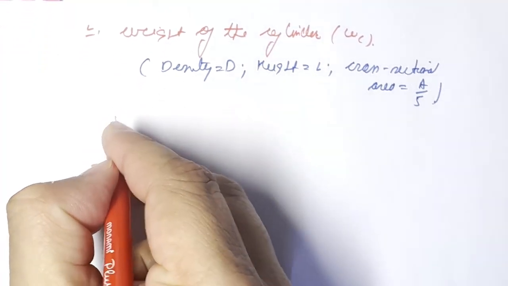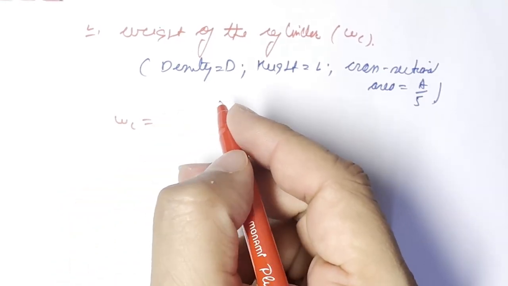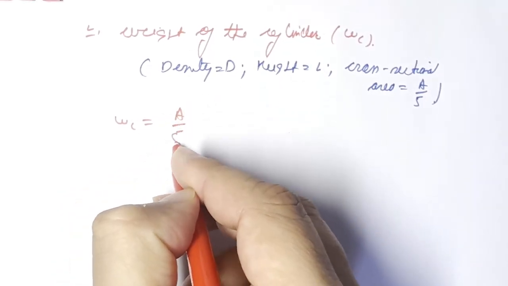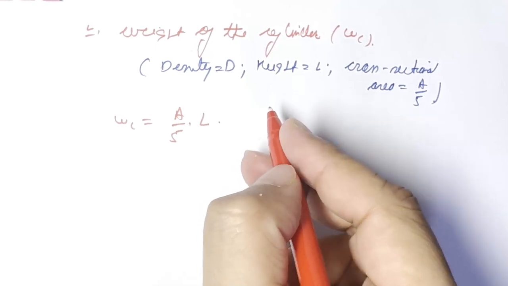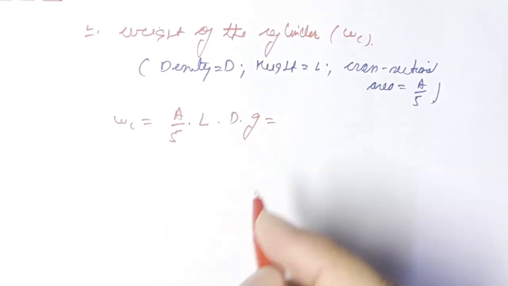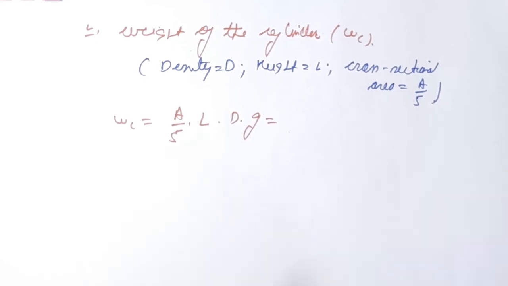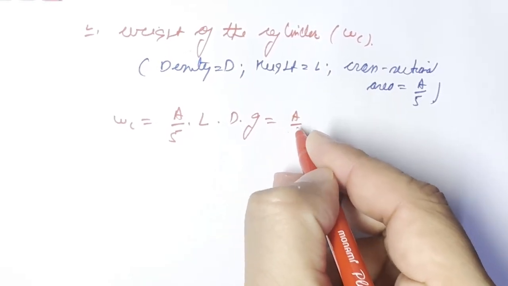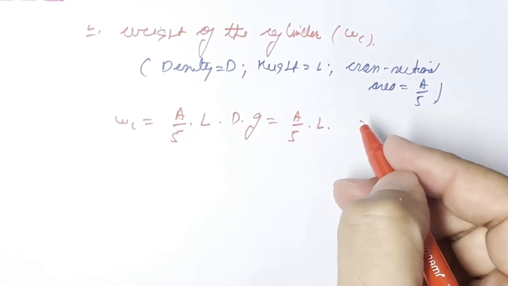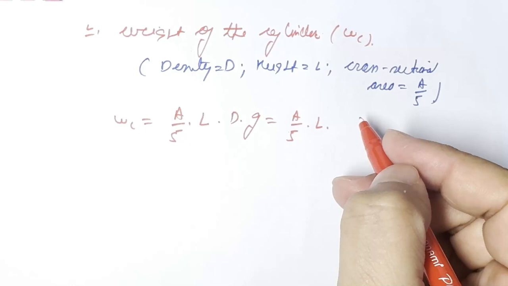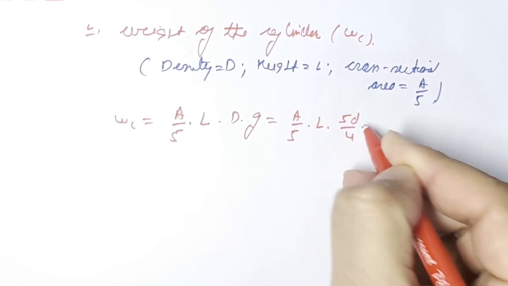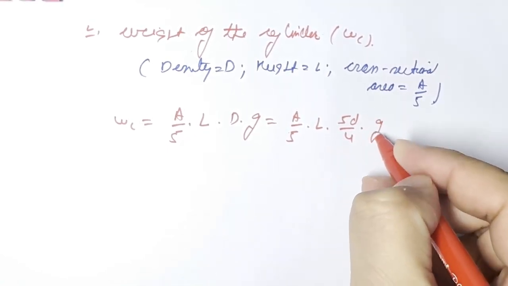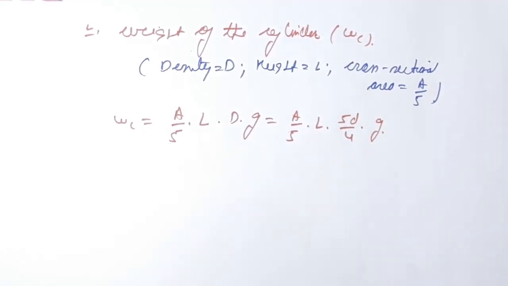So WC will be equal to A by 5 multiplied by L, density capital D, multiplied by G. We already know the relationship between capital D and small d, so we substitute: A by 5 L, and capital D is 5d by 4, multiplied by G. Here 5 and 5 cancel out.